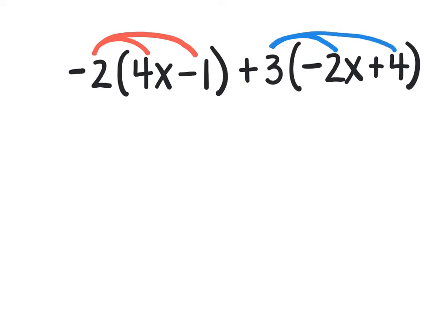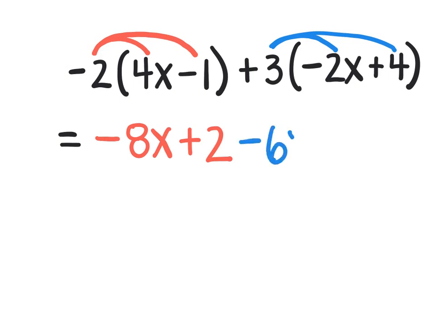So to do that, we'll begin with negative 2 multiplying by 4x would give us negative 8x. And then, of course, a negative 2 times a negative 1 will give us a positive 2. For the second set of brackets, the positive 3 times the negative 2x will give us negative 6x. And the positive 3 multiplied by the positive 4 will give us positive 12.